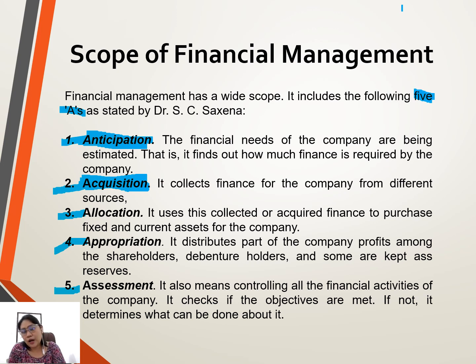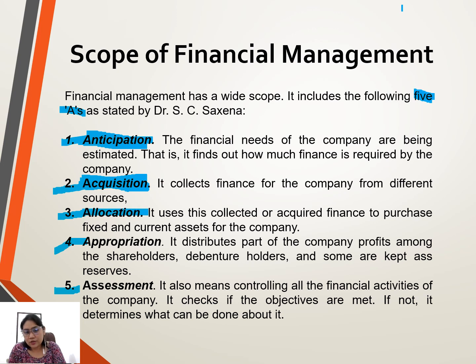For example, nakakuha ka ng isang partner at mag-i-invest siya ng another 2 million. So, ilan na lang ang kulang? 1 million na lang. So, you decided, yung partner mo at ikaw, nag-decide na, okay, iutang na lang natin yung 1 million. So, nabuo na yung 5 million mo. So, that is the acquisition.